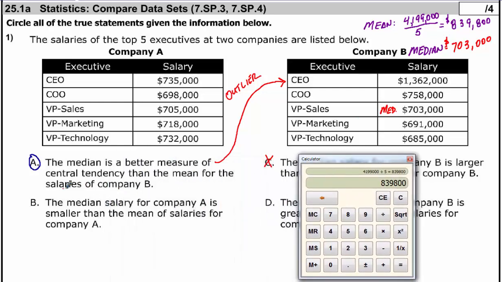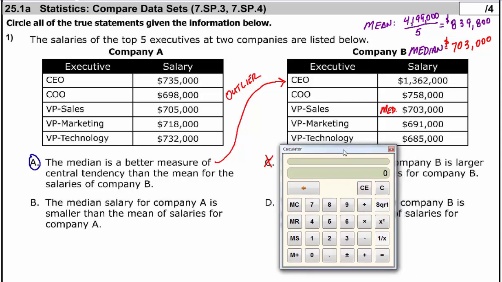Okay, let's go back. Now we're being asked about Company A. The median for Company A is smaller than the mean for Company A. Let's clear out our calculator and find those salaries. The mean for Company A is going to be all of these added together: 735,000 plus 698,000 plus 705,000 plus 718,000 plus 732,000.